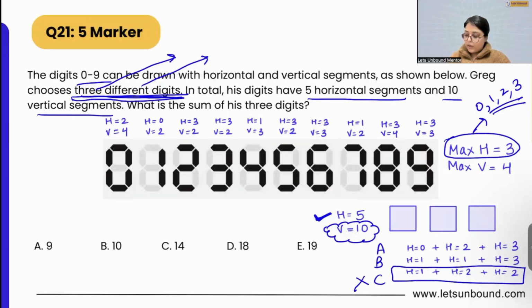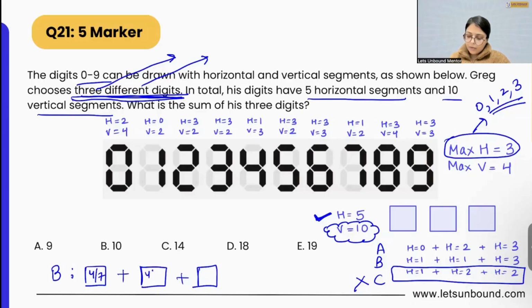Let's check now the second possibility, that is B. So we have the first digit with H1. What is H1? H1 means we have two possibilities, 4 or 7. Second possibility is again H1, so 4 or 7.